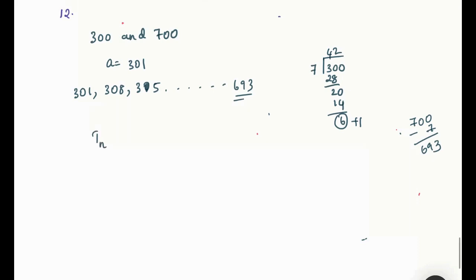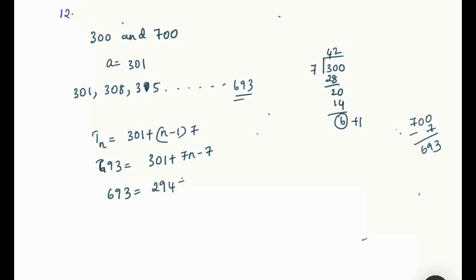So Tn is equal to a plus n minus 1 into d, where d is 7, right? So Tn we already have. What is Tn here? 693 equals 301 plus 7n minus 7. So 693 equals 301 minus 7, which gives you 294 plus 7n.